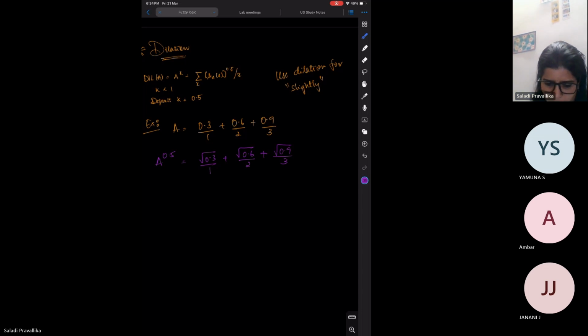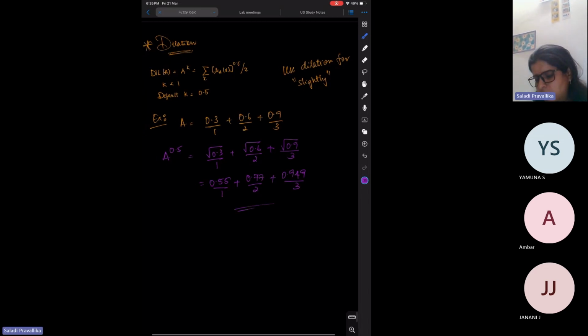The square root of 0.3 is 0.55 for 1, the square root of 0.6 is 0.77 for 2, and the square root of 0.9 is 0.949 for 3. So this is how you find the dilation.